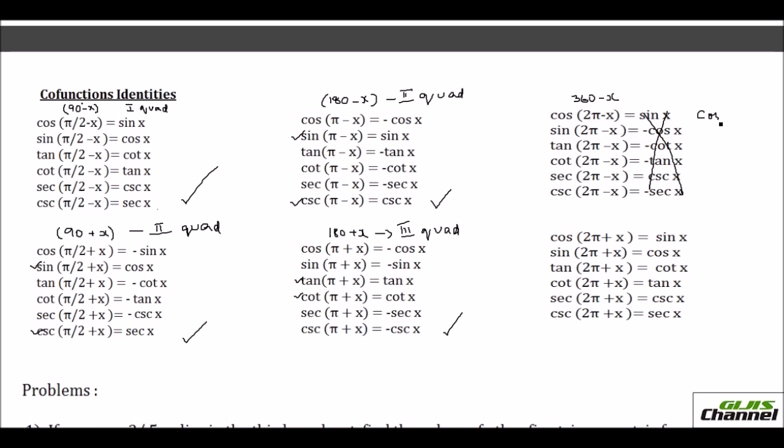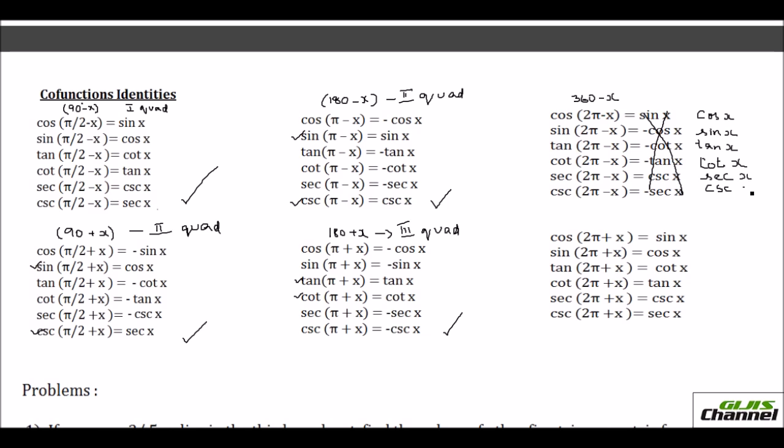Your cos will be cos x, your sine will be sin x, and tan of 2 pi minus x is tan x only. Your cot is cot x, secant is secant only, and cosecant would be cosecant.